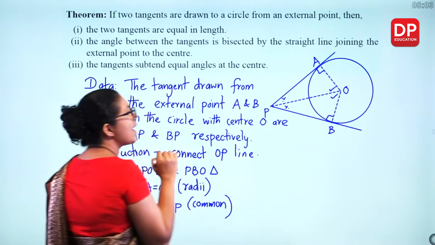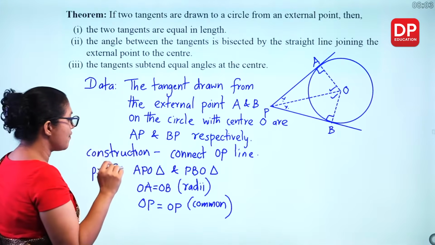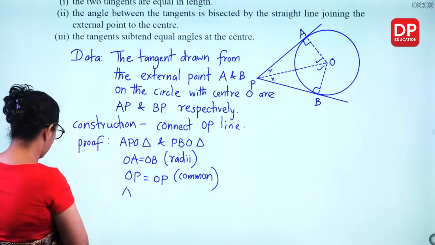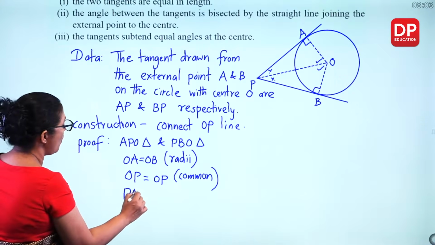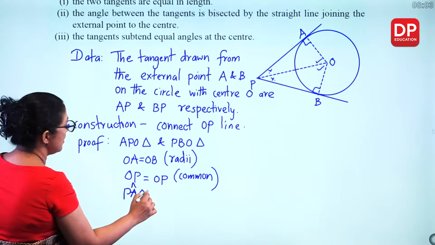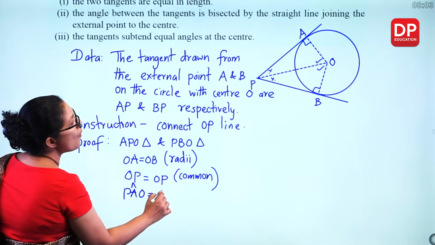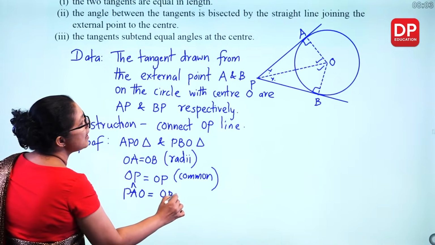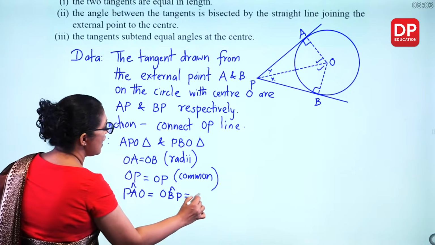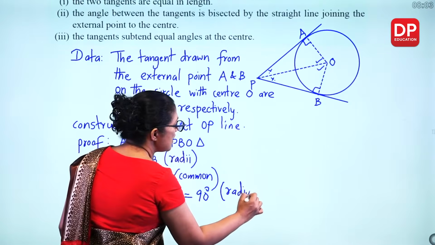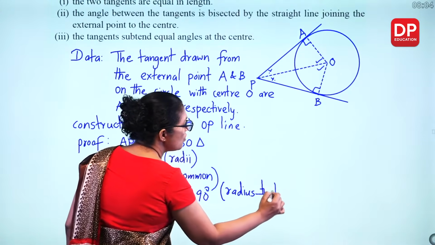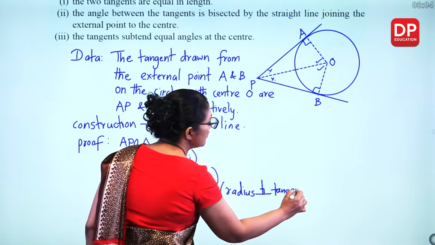So these two angles we know. We can write down angle PAO and angle OBP, both are 90 degrees according to the theorem. Radius is perpendicular to tangent.